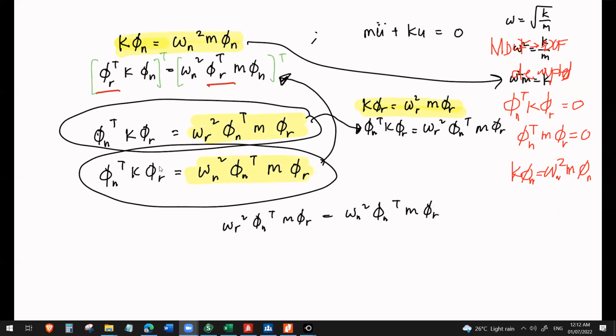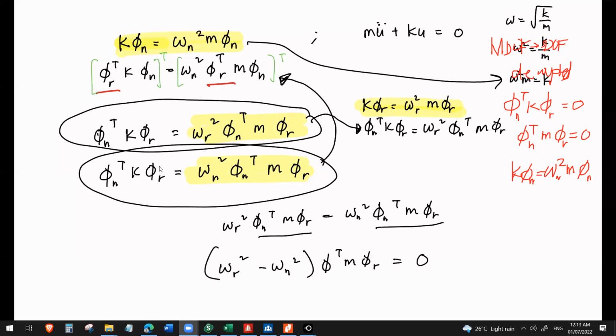Okay, and then transpose to the left side of the equation, we're going to have, so may common factor tayo na ito, right? That makes our common factor. So we have omega r square minus omega n square, then phi n transpose m phi r equals 0.